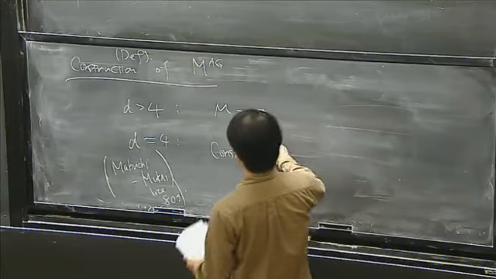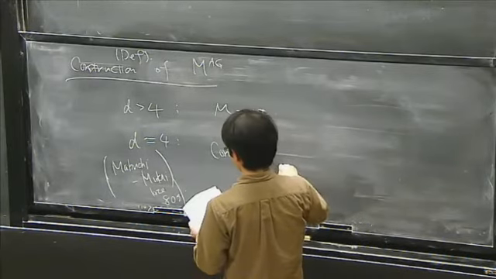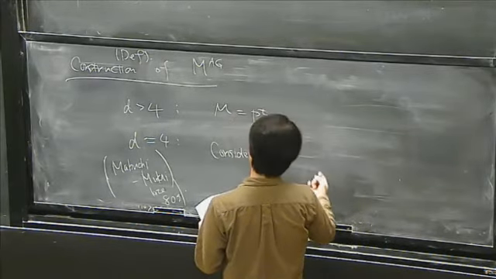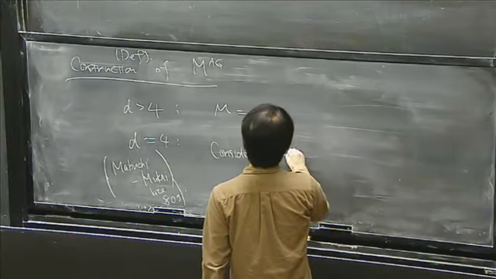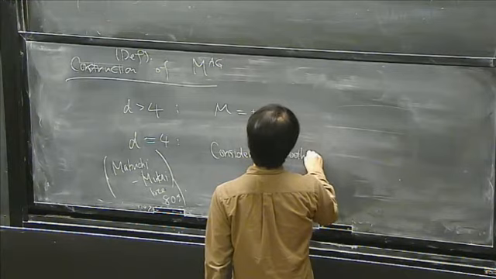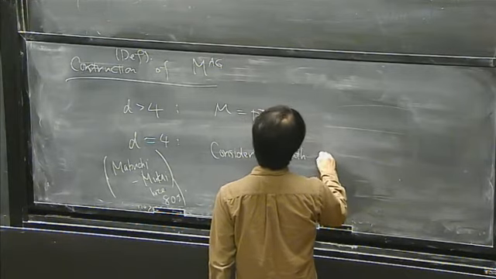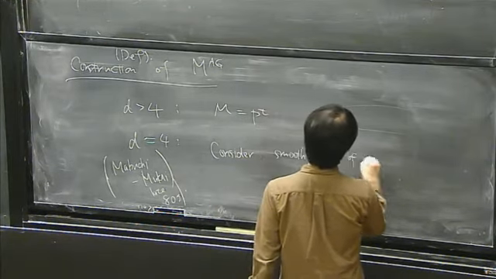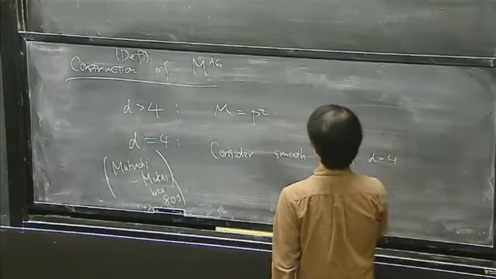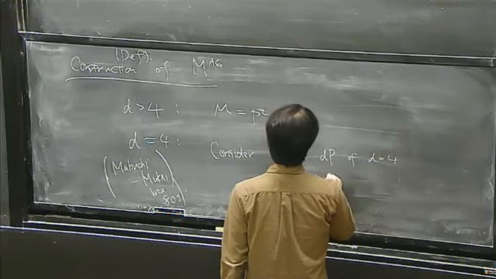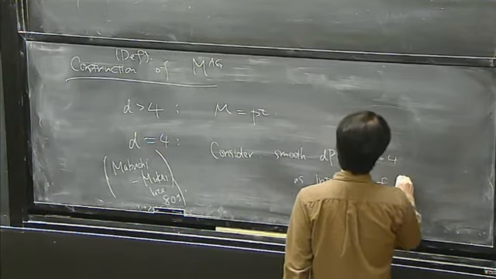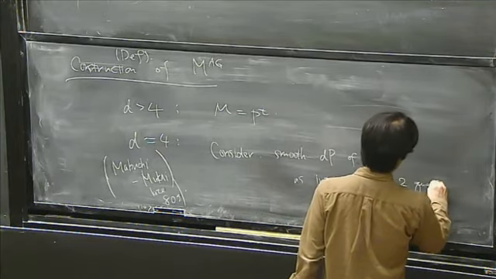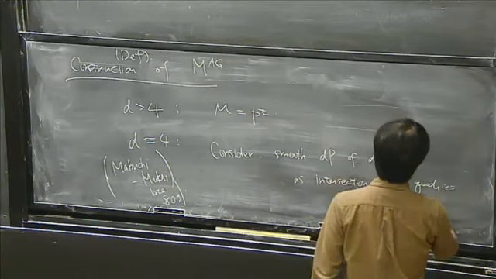So consider a smooth del Pezzo surface of degree 4 as an intersection of 2 quadrics in P4.